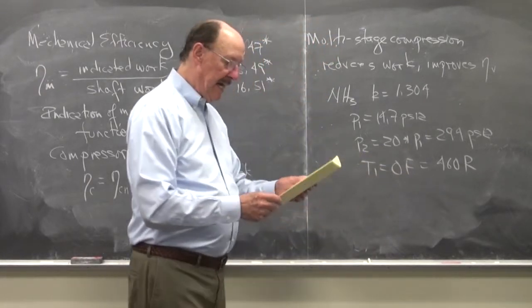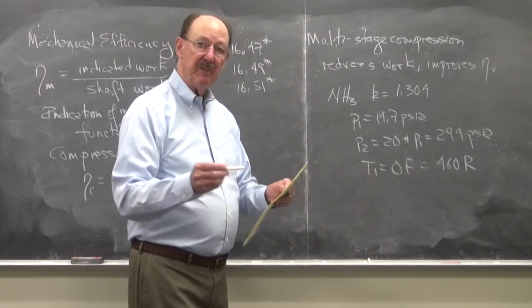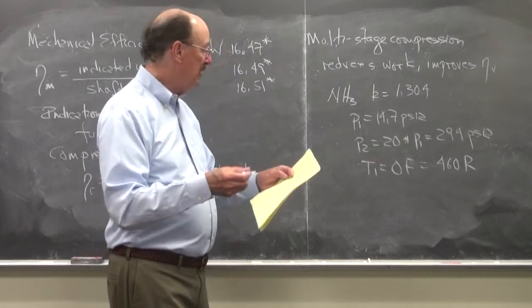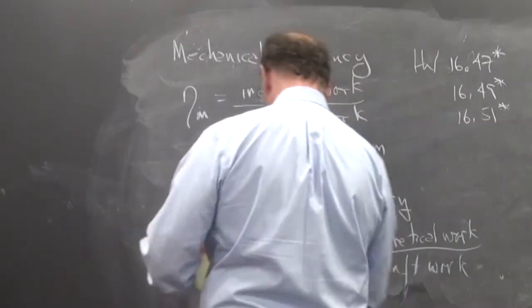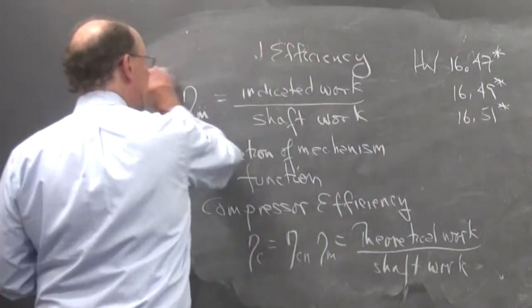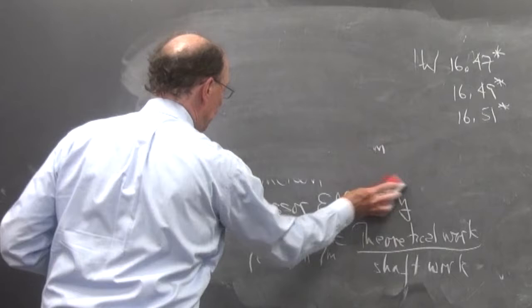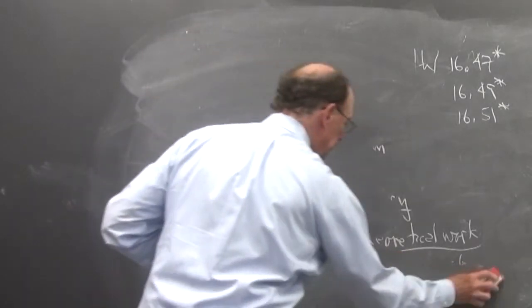And so now what we're going to do is find out what T2 would be. So it's just a way to look at what the compression would be. So now if I have a single stage compression, and then we're going to look at it compared to a two-stage compression.